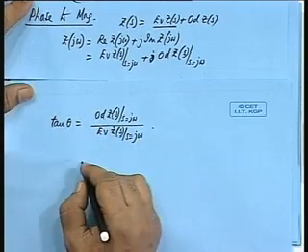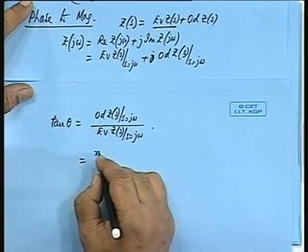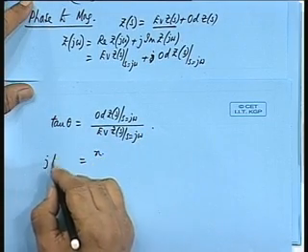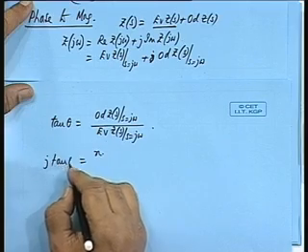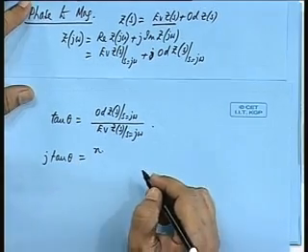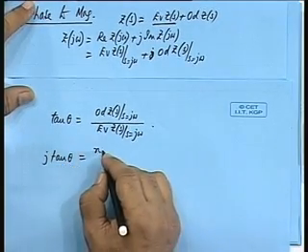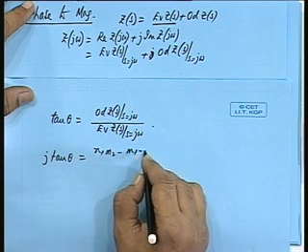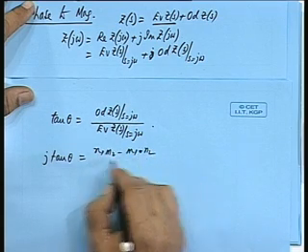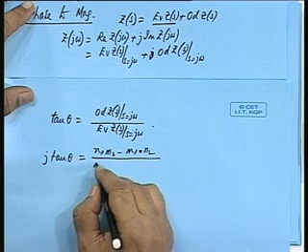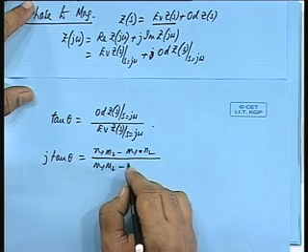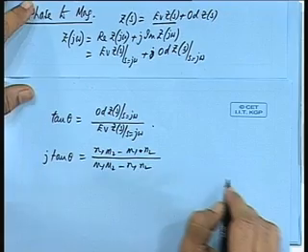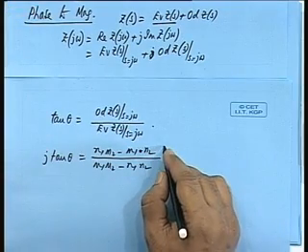All right. So this is nothing but, so if I write j tan theta, you will get (N1 M2 minus M1 N2) divided by (M1 M2 minus N1 N2), okay, at S equal to j omega.